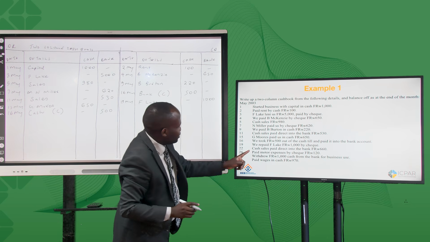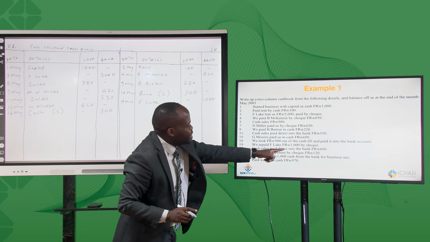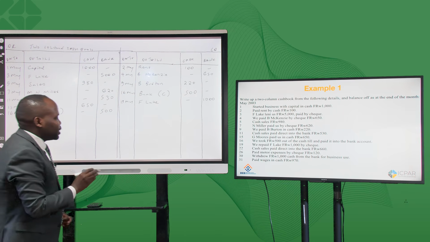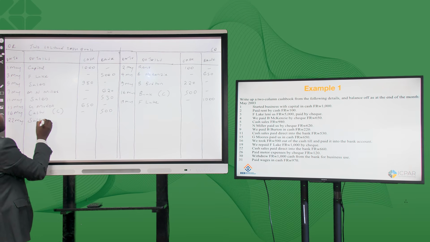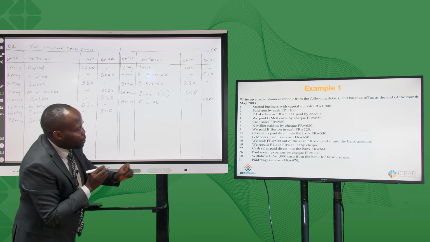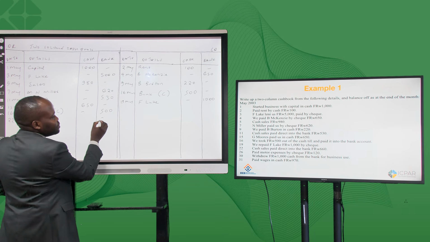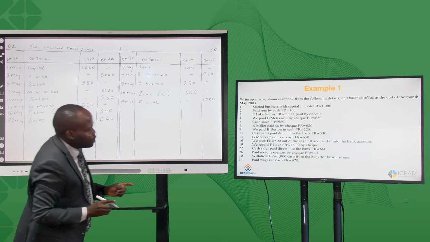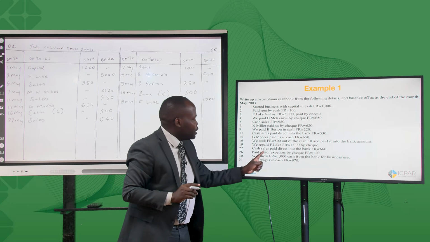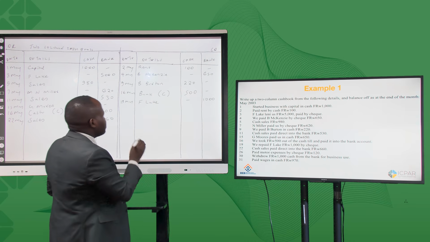Next, cash sales paid direct into the bank, 22nd May. So on 22nd May, there are sales but paid directly into the bank. It is 660.